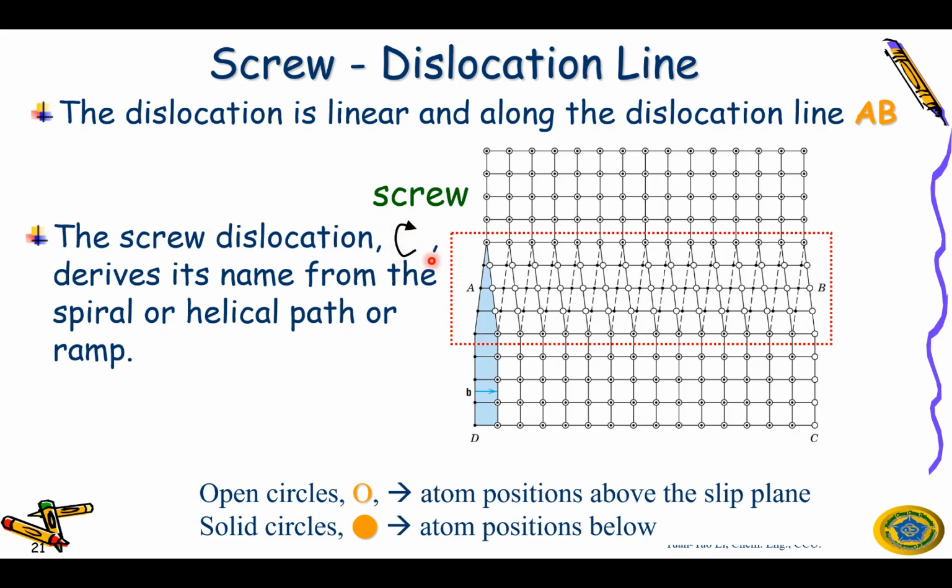The screw dislocation derives its name from the spiral or helical path of the ramp. So it looks like a screw, right?